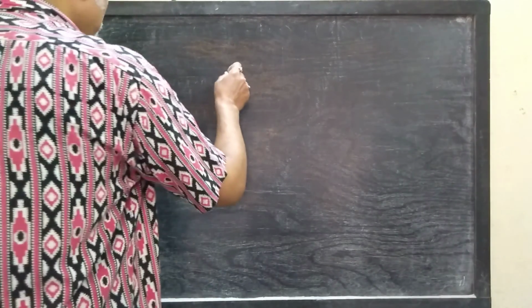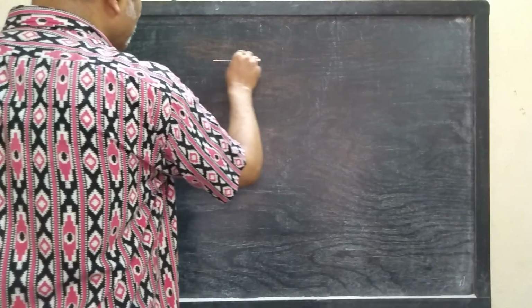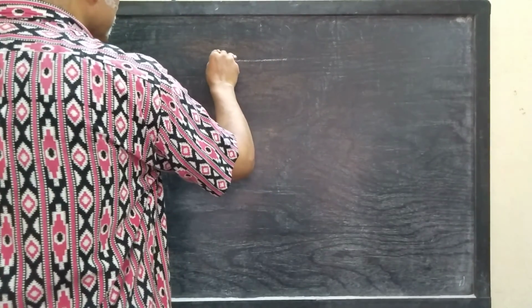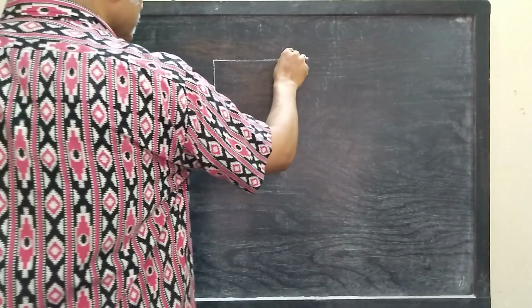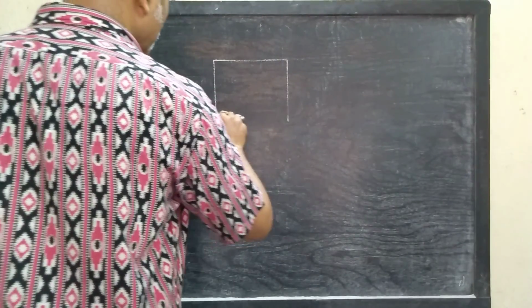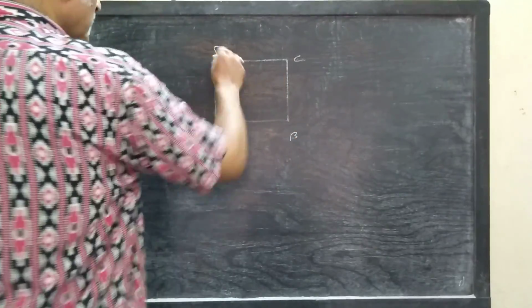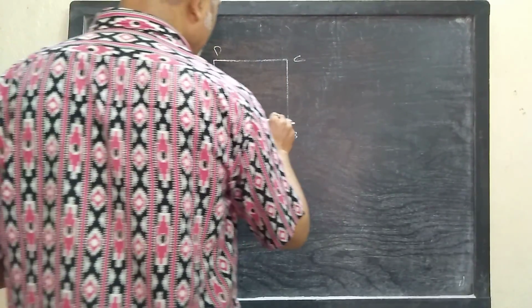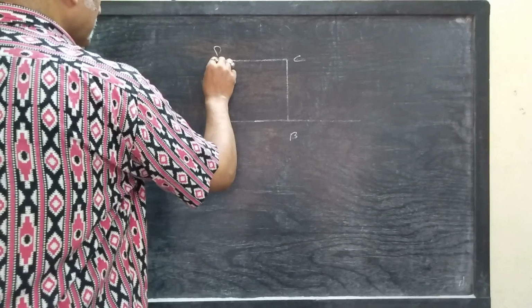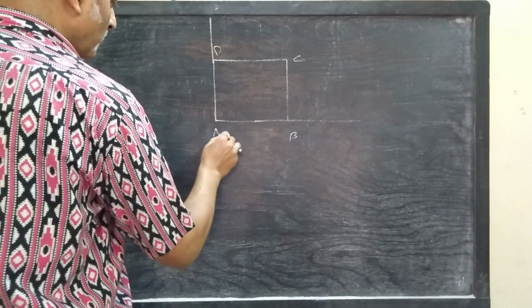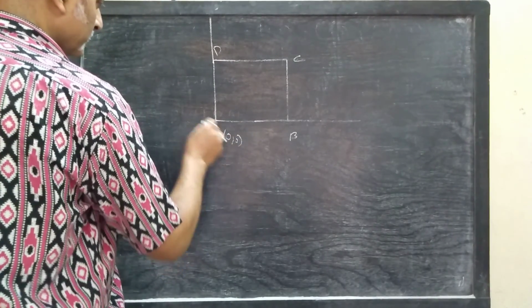There are two situations. In the first situation, the x-axis and y-axis are along the sides AB and AD. First, let us draw the square ABCD. This is our square ABCD. You take the x-axis along AB, the y-axis along AD. So your A will be the origin, quite obvious.